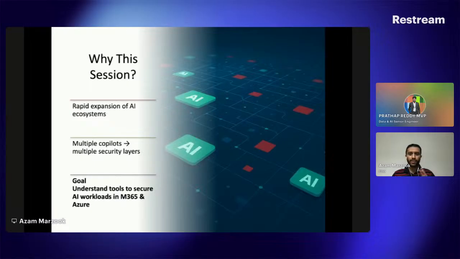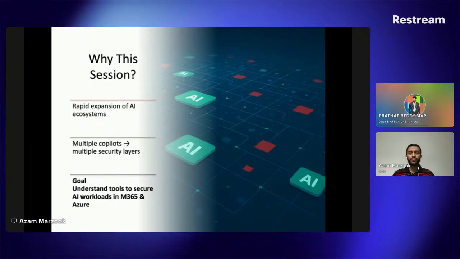The need for this session is mainly because of a few core reasons. There are too many variations of Copilots, and understanding the different Copilots, their variations and their security layers is important when you start using them. That's the core reason: the rapid expansion of AI ecosystems.